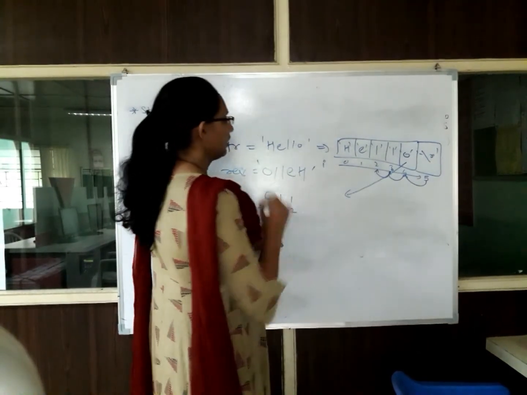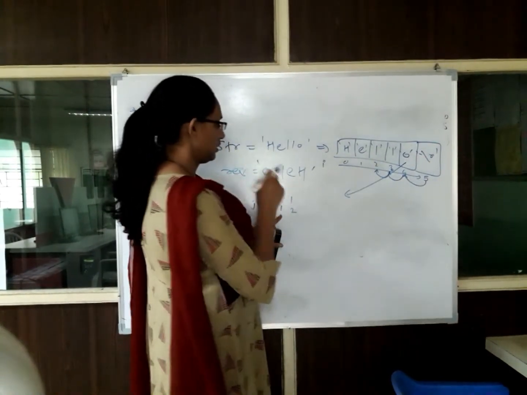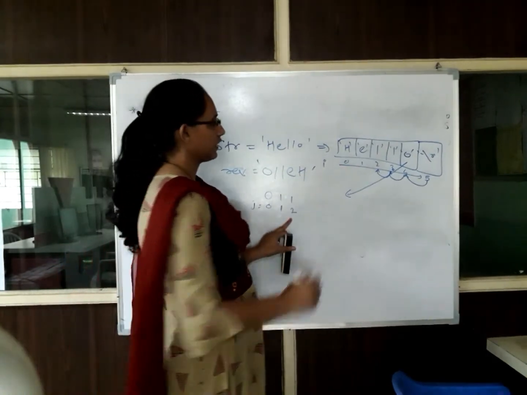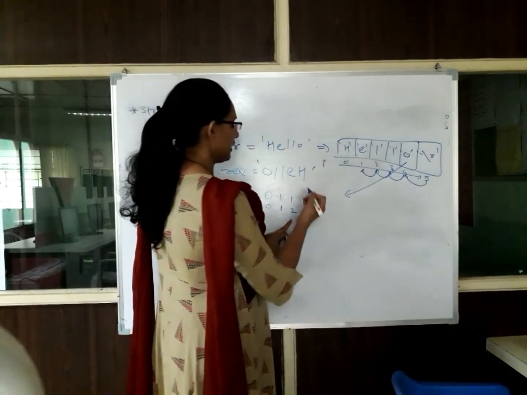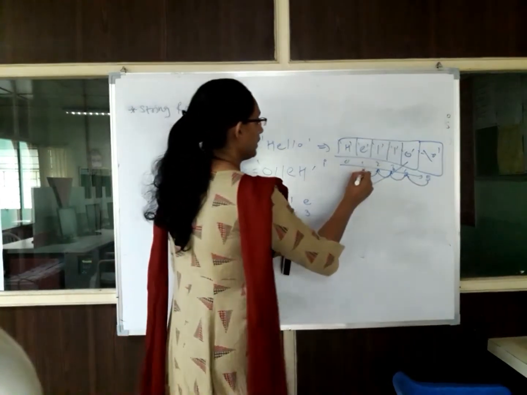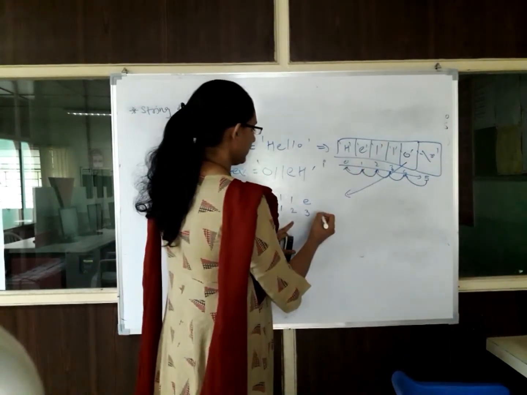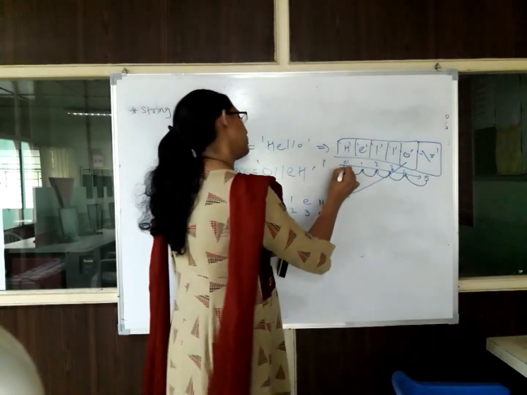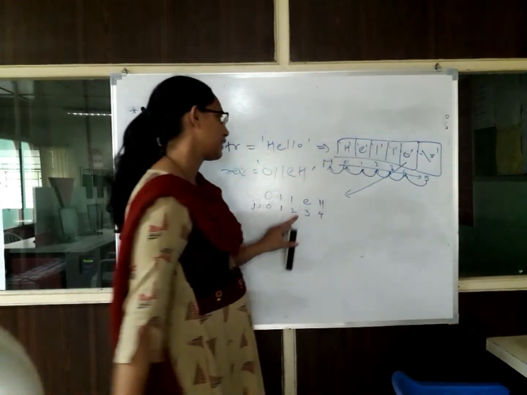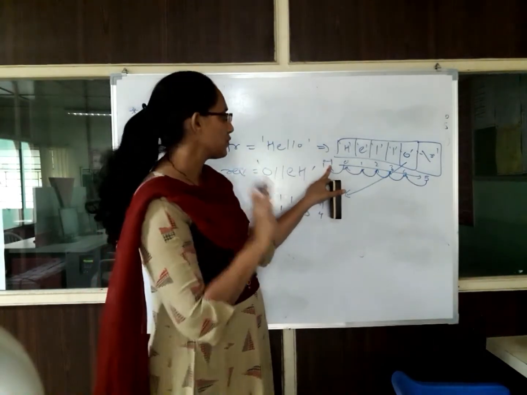This will be copied into reverse of 2. Then decrement i and increment j. So E will get copied. Then decrement i and increment j. So H will get copied. Then decrement i. Now the value of i is -1. So we have to stop here.